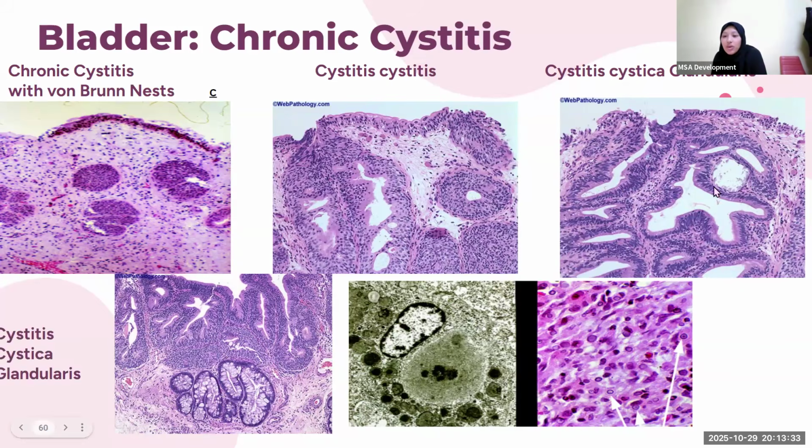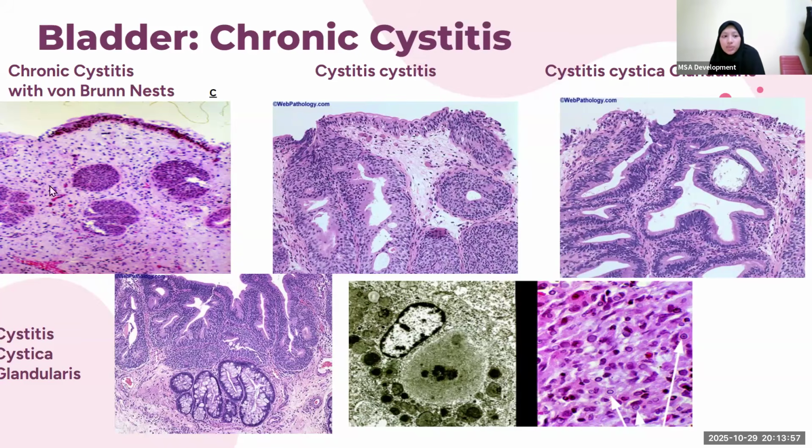This one was only columnar cells. This one is the appearance of goblet cells looking like the intestinal. It's more clear in the notes, but this one was the intestinal metaplasia with goblet cells. This one is columnar cell metaplasia only. This one is just cysts around and cuboidal cells still. So I'll go over it again right now.